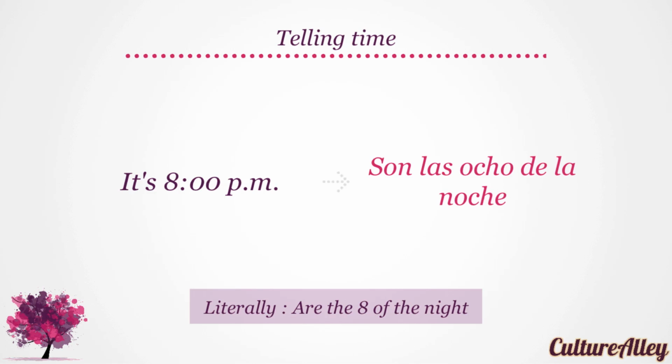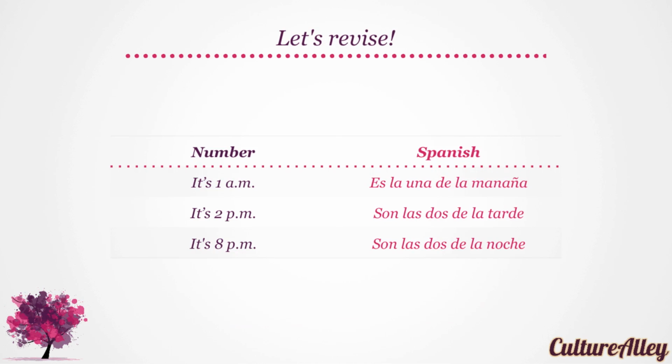So, it's 8 p.m. will become son las 8 de la noche. Try that. Son las 8 de la noche. Very good. Note that son las 8 de la noche literally means "are the 8 of the night."